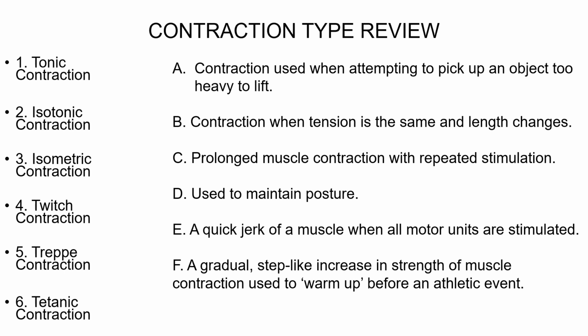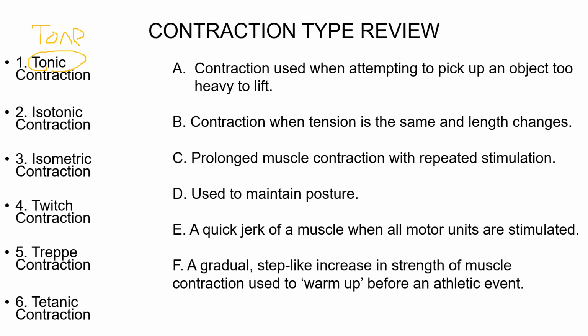So a tonic contraction is number 1. And remember, with tonic contraction, what we're looking at is your tone. This is basically when you're just hanging out and you grab your triceps muscle, even though you're not extending your elbow, there's still tautness, there's still some tension in that triceps muscle, even if you're not using it.